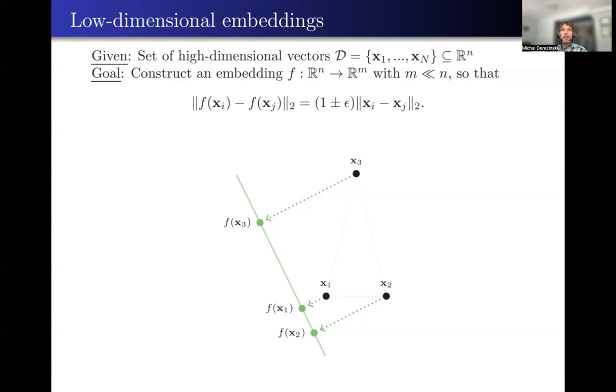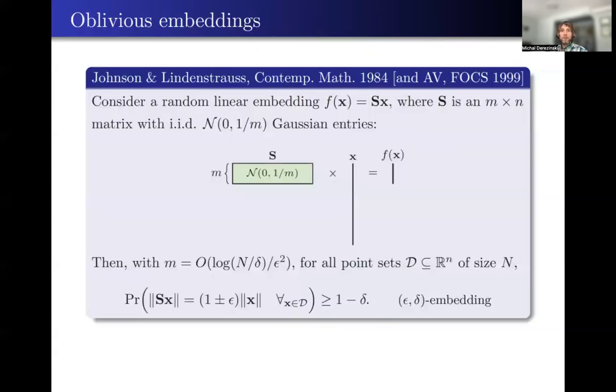We want to embed them into a one-dimensional space with this sort of mapping, so that the relative distances are approximately preserved. A classical result in this area is the so-called Johnson-Lindenstrauss lemma, which essentially says that these embeddings exist, and we can reduce the dimensionality of the high dimensional vectors drastically with a very simple randomized scheme.